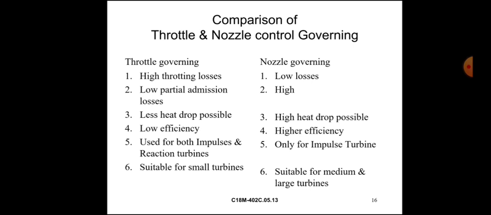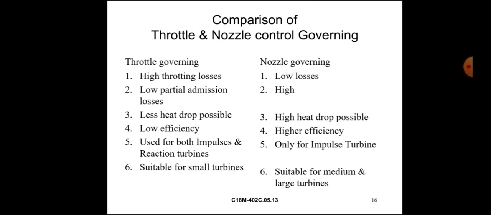Throttle governing, nozzle governing. In throttle governing, high throttling losses. Nozzle governing, low losses. In throttle governing, low partial admission losses. In nozzle governing, high partial admission losses. In throttle governing, less heat drop possible. In nozzle governing, high heat drop possible. In throttle governing, low efficiency. In nozzle governing, higher efficiency.